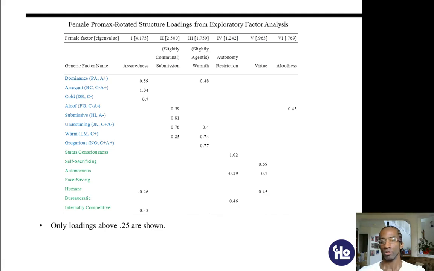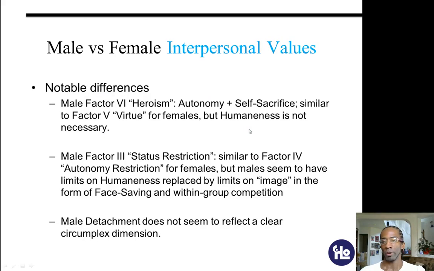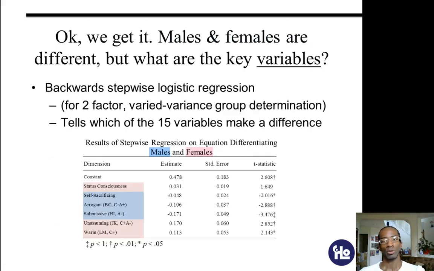So you need another statistical test to say, across the board, between female versus male, which of the variables are really making the difference. For that, you use a backward stepwise logistic regression. When I did that, I found that status consciousness, self-sacrificing arrogance, submissiveness, unassumingness, and warmth all contributed as variables to the difference between these two partitions of teams.